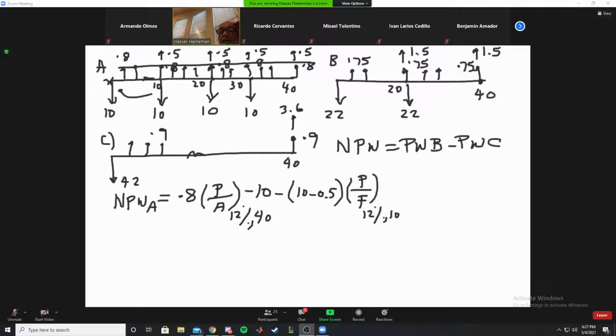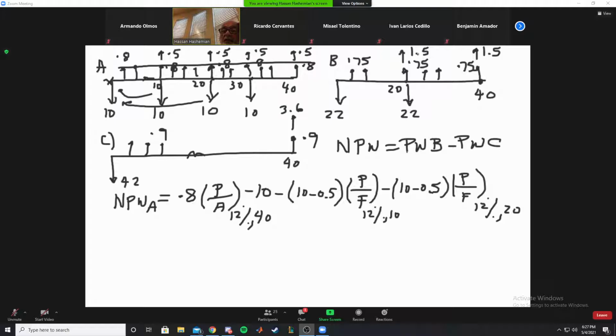And then minus the second 10. So again, it will be 10 minus 0.5 times P over F at 12% and 20 years. So we brought the second 10 back.